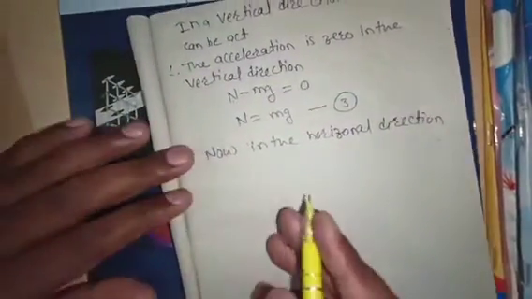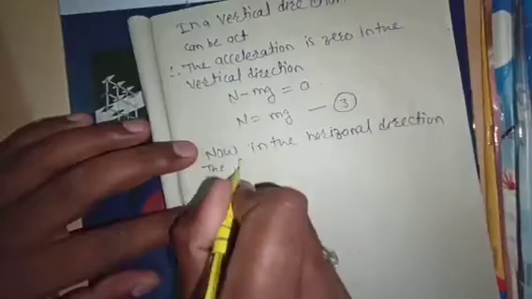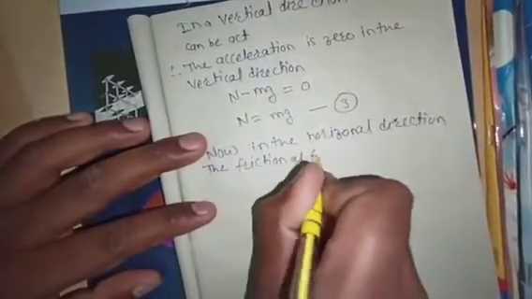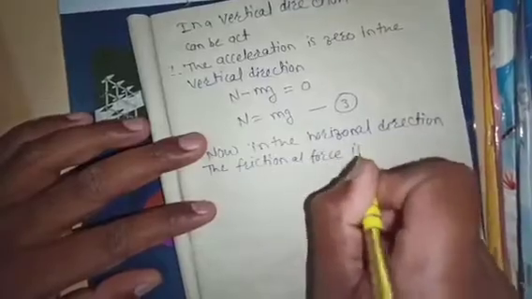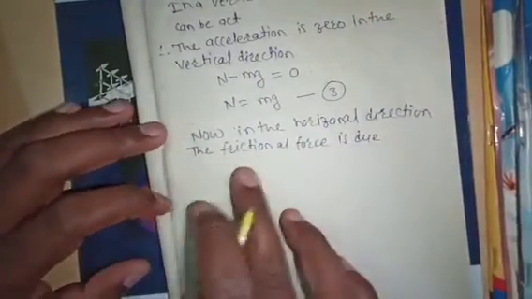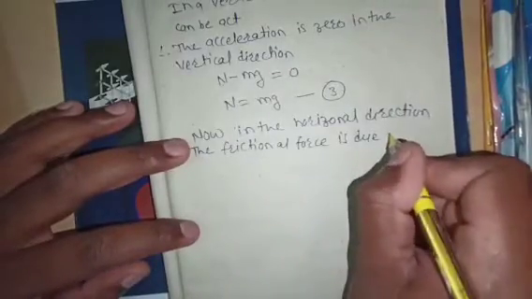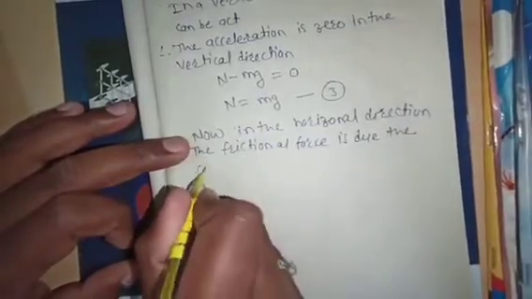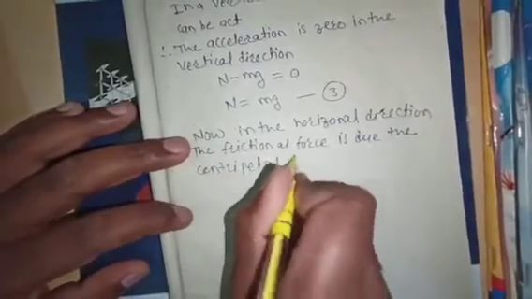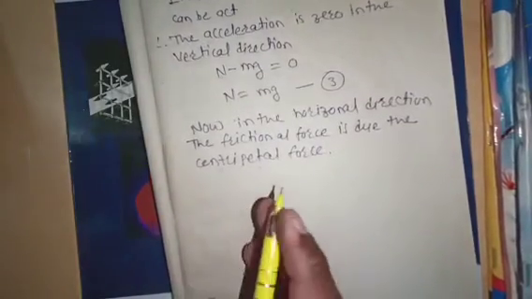In the horizontal direction, why will that frictional force be generated? This frictional force is due to the centripetal force. Means whatever the frictional force is, that frictional force is equal to the centripetal force.